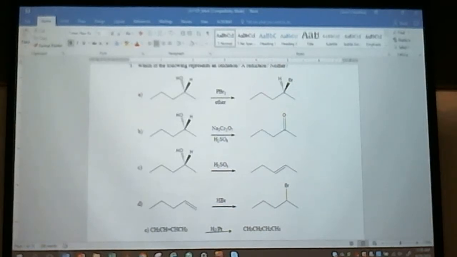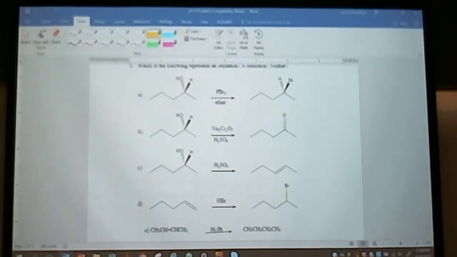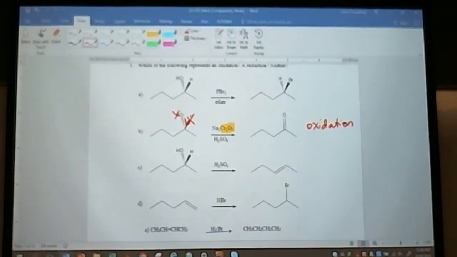Do you see an oxidizing agent? Where do you see an oxidizing agent? Right here, right? Chromium with a bunch of oxygen. We don't need to look at this much further. This is an oxidation. Now, of course, what we're doing here is we're removing hydrogen and putting a double bond here, okay? But ultimately, you know this is an oxidation because you have an oxidizing agent.